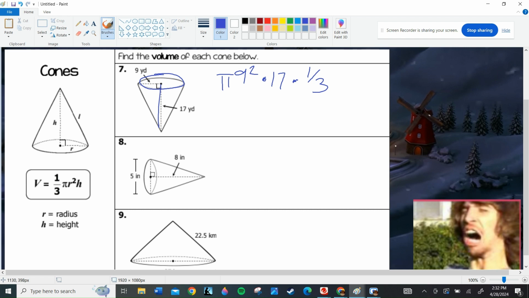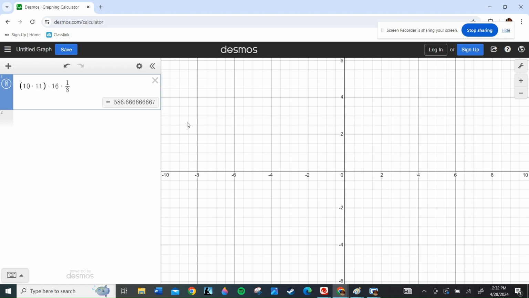Now, once again, Desmos this thing and figure out what the volume of the cone is. 1/3, pi times 9 squared times 17 times 1/3.